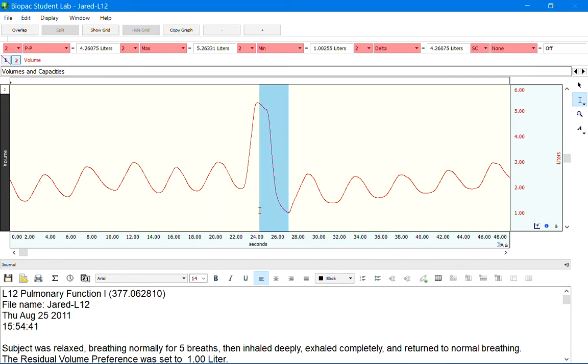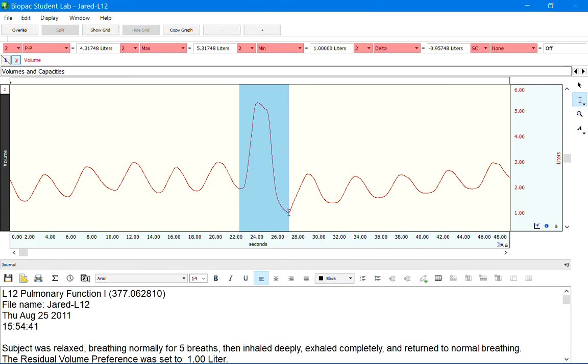Well, the reality of it is, it just depends on the direction that you highlight. If I highlight from this direction to this direction, now I have a positive value. If I highlight from this direction to this direction, I have the same value, but now it's negative. So when you write down your value, always write down the absolute value, the positive number, because these values should always be positive as you write that down.